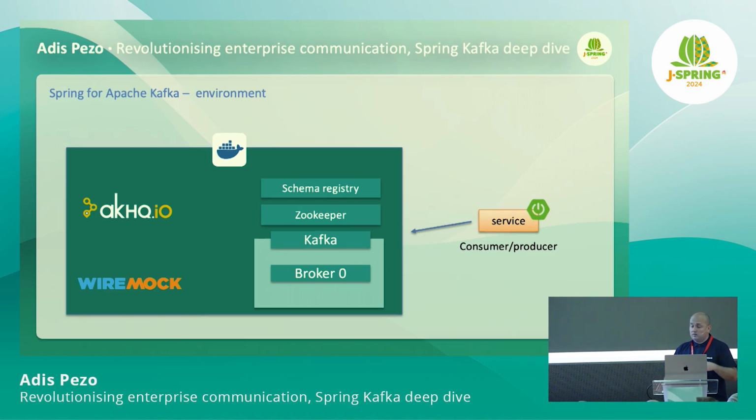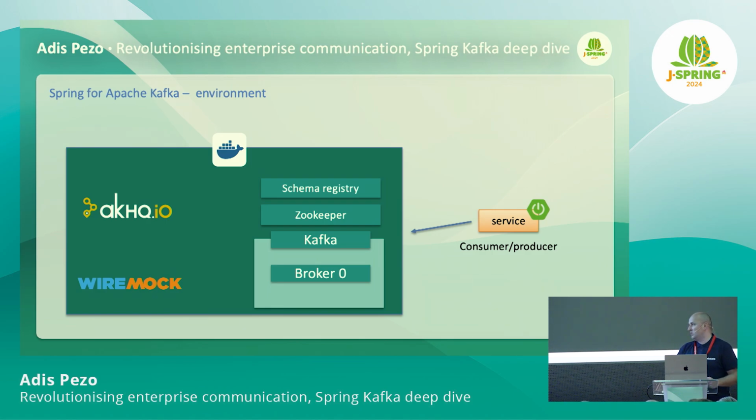So for me, I have now a local environment running Kafka in a container with the schema registry, the Zookeeper, Kafka, and one broker. I use AKHQ for visualization. I will show you that as well.